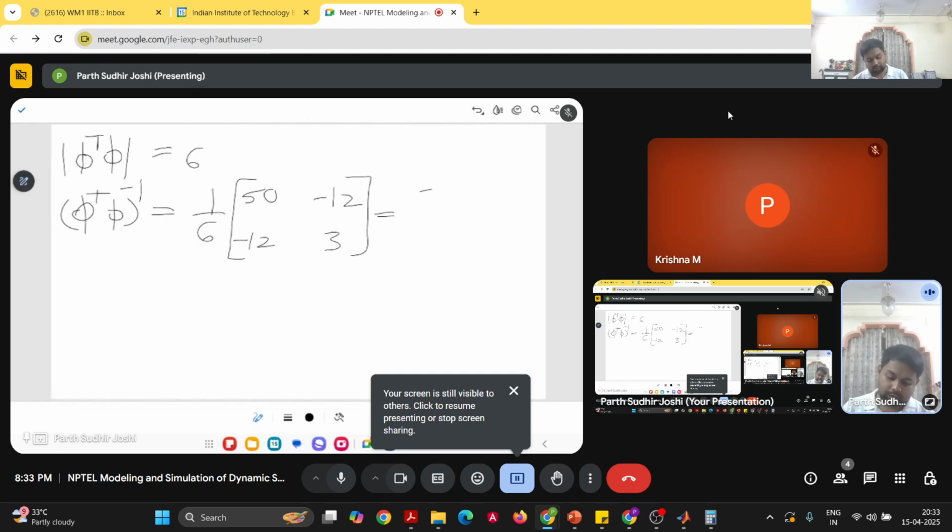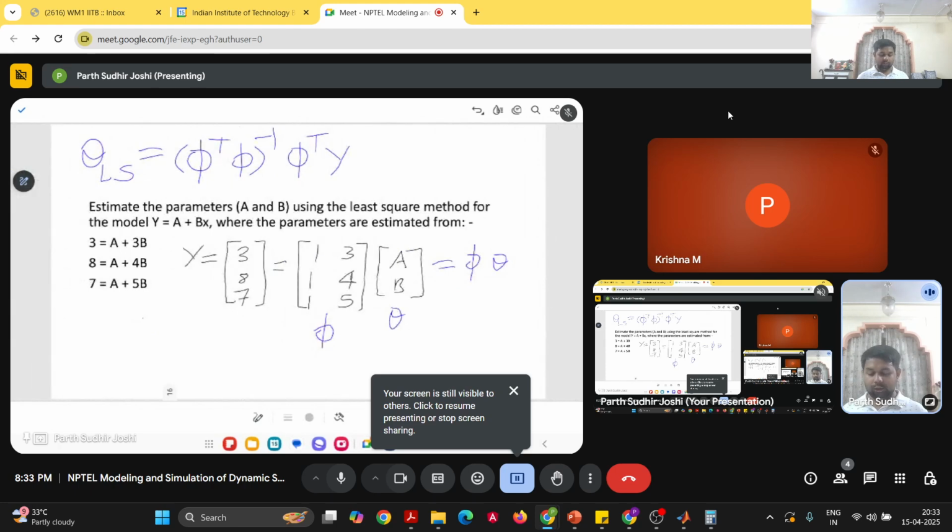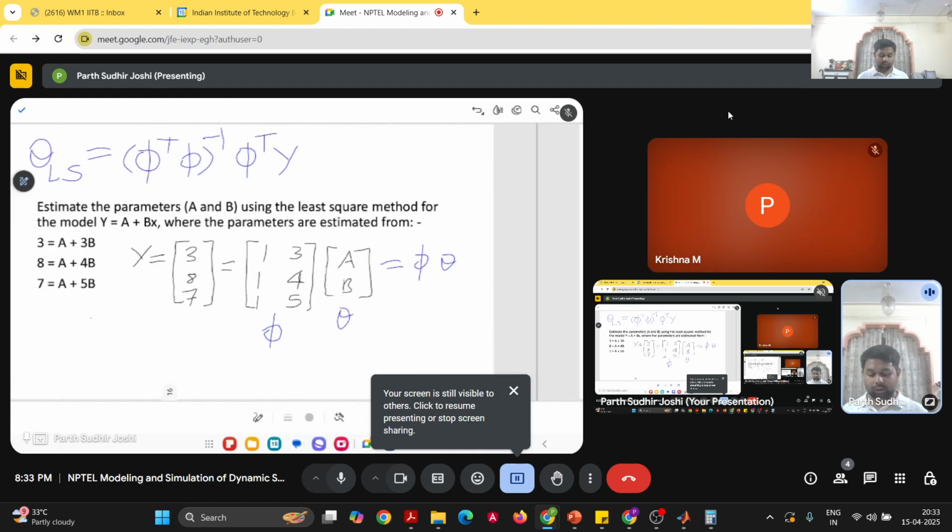So 50 by 6 is just 25 by 3, minus 2, minus 2 and half. So this is phi transpose phi inverse. So we have to multiply this matrix phi transpose phi inverse with phi transpose y.